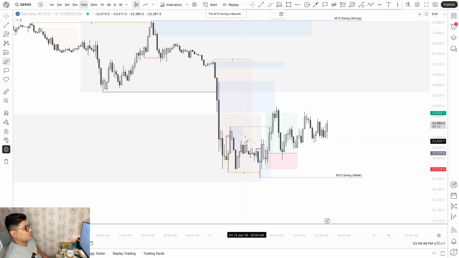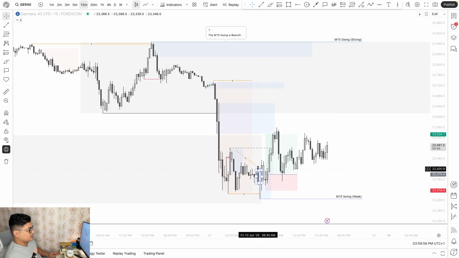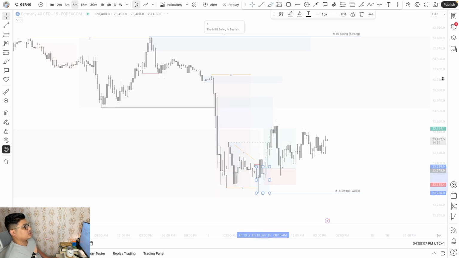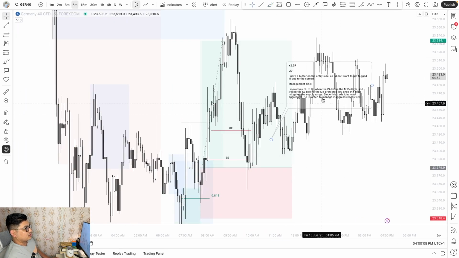Now I do not have any supply zone left to hold the price and push it down, right? So that was the main reason I wanted to get involved in this kind of trade. Apart from this, when I dropped down to the M5, I saw a really nice lead in front of it.